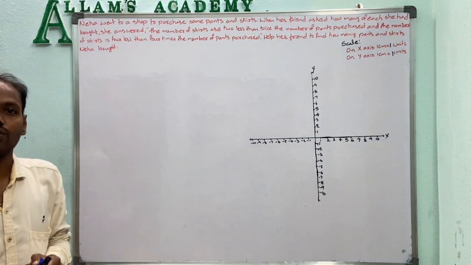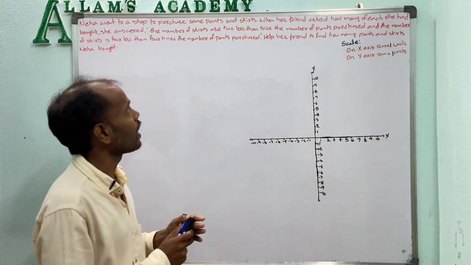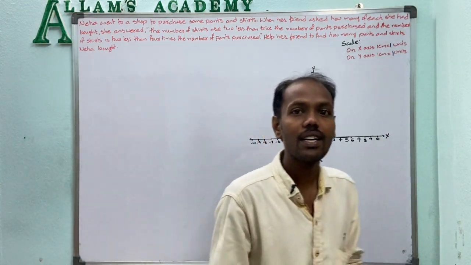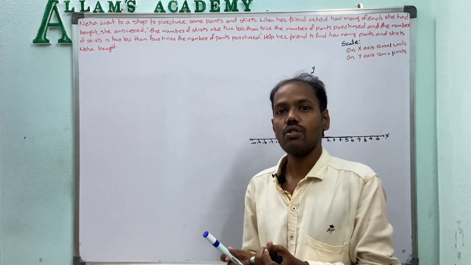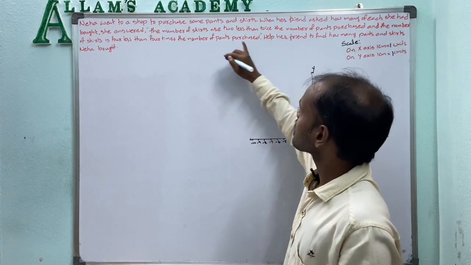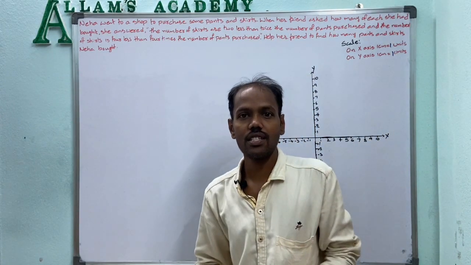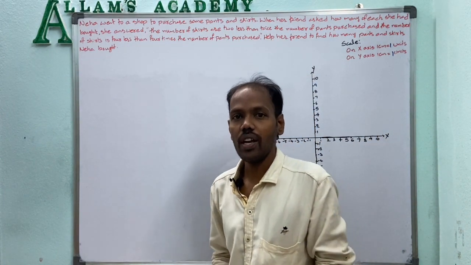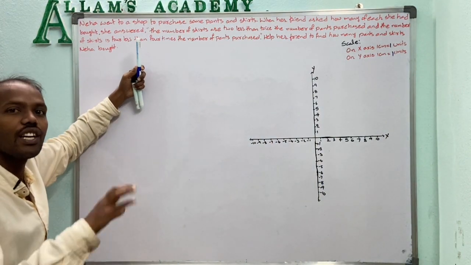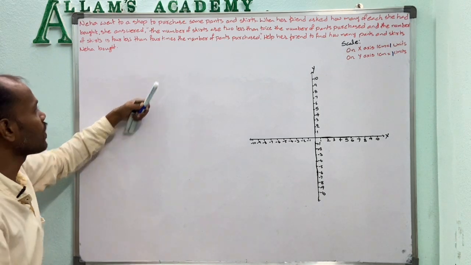So Neha went to a shop and bought some pants and skirts, but she did not directly tell her friend how many of each. She told it through the given hints, and from the sentences we have to find the numbers. So we take the given information into a pair of linear equations.